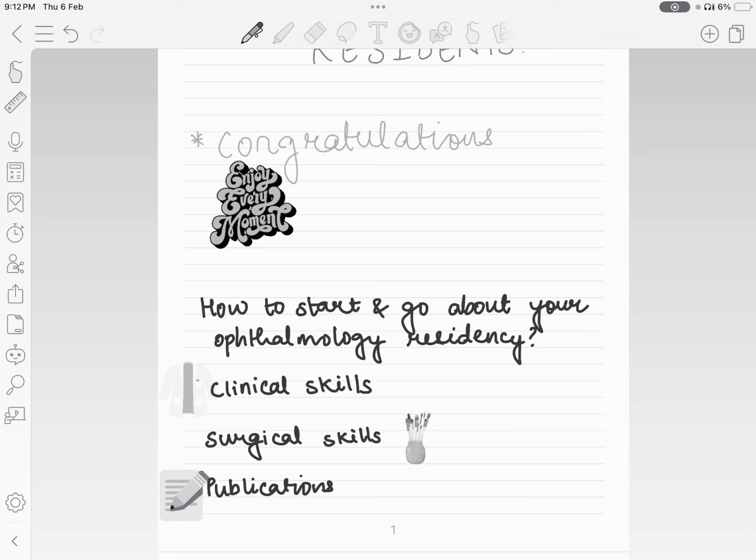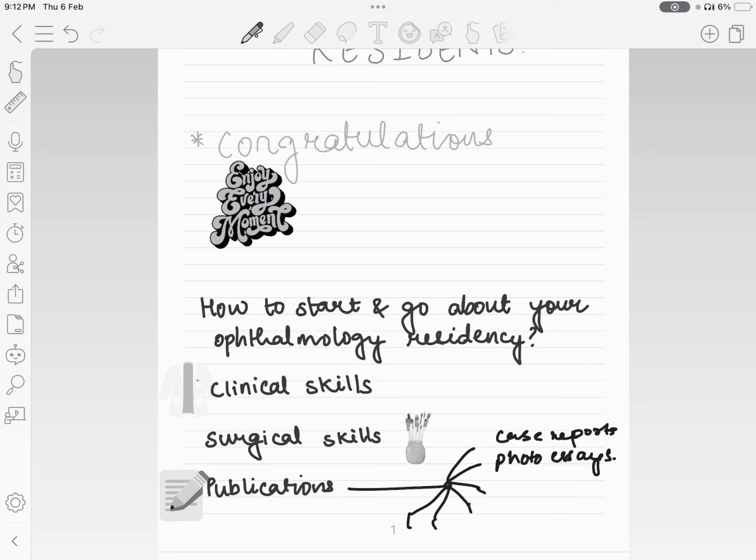Publications is something that will depend on what institute you are in, and if you have a good research background at your institute, I would recommend that in publications you at least publish some case reports or some photo essays at a good reputed journal.